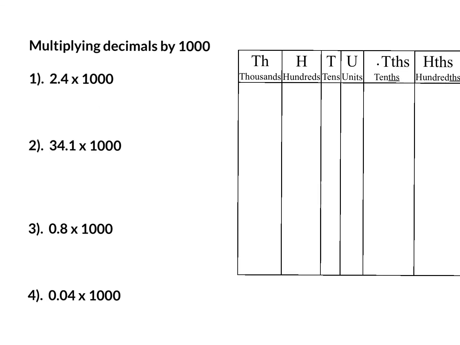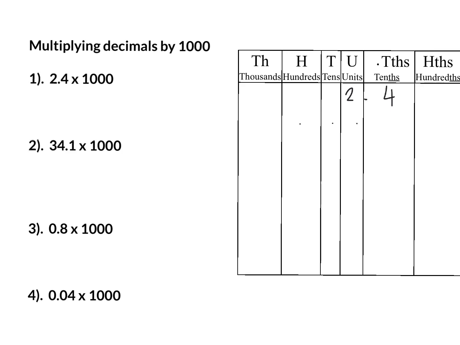So again, multiplying decimals by 1000 is quite tricky. So I'll demonstrate some examples here before you have a go at some on your own. So 2.4 times 1000. 2.4 is 2 units and 4 tenths. So you're moving everything over 3 places to the left. 1, 2, 3.